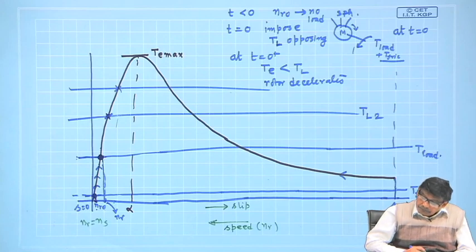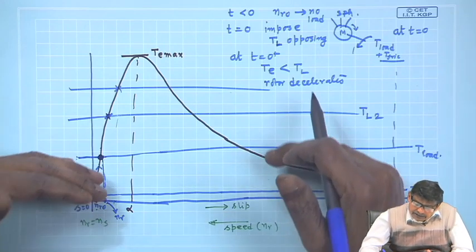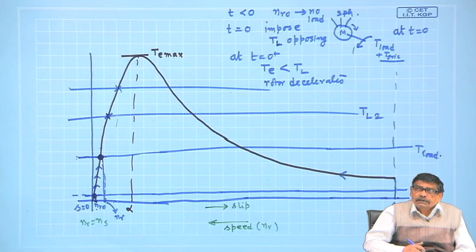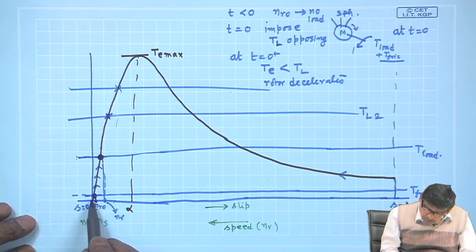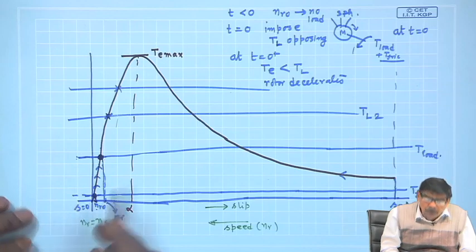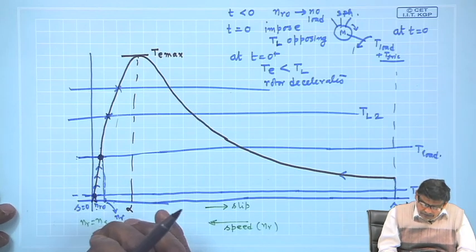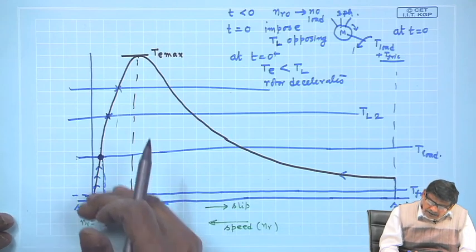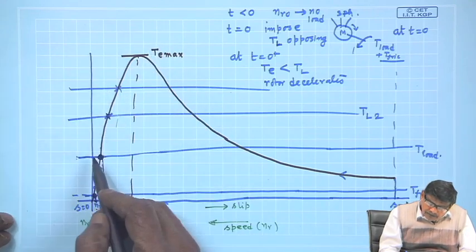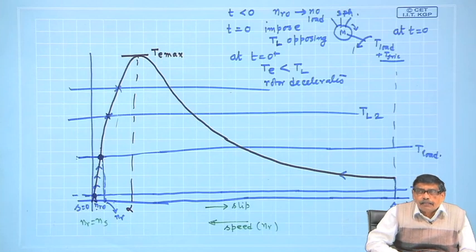Now, in this way the opposing load torque can be increased. Of course, variation of the speed from no load to full load, I am not told what full load is, but as you go on increasing the load torque, speed drops.